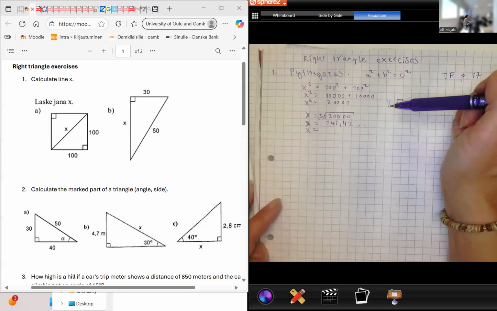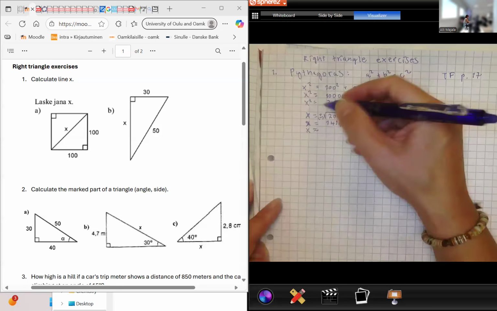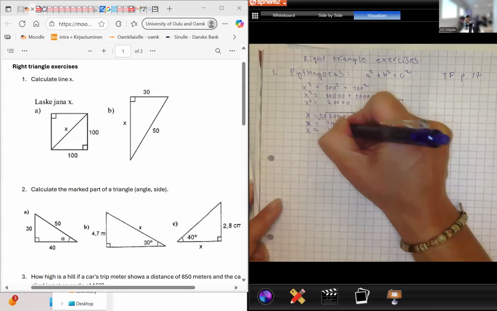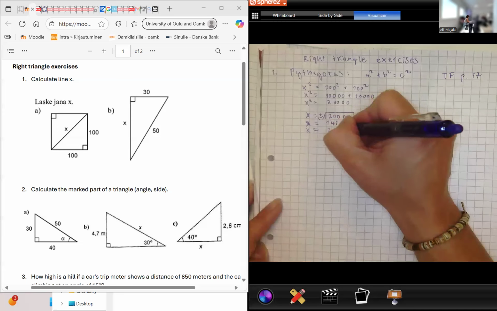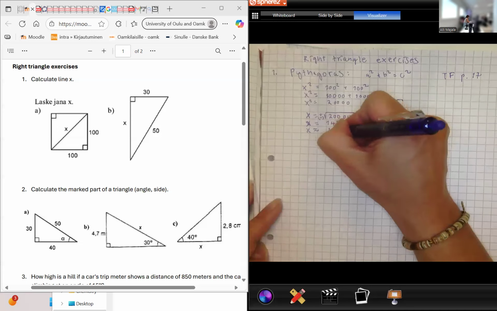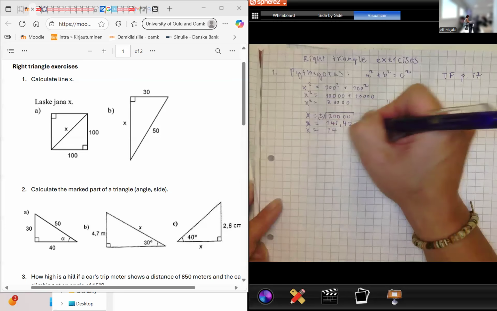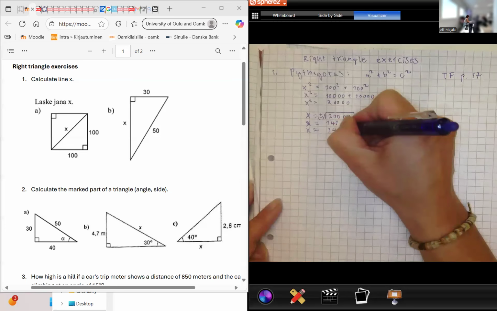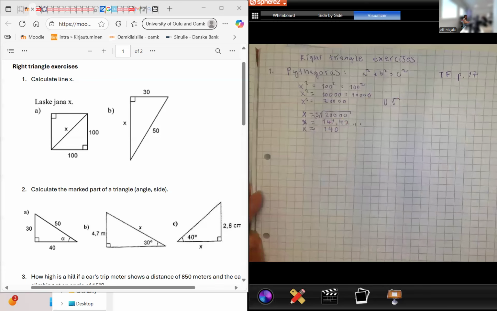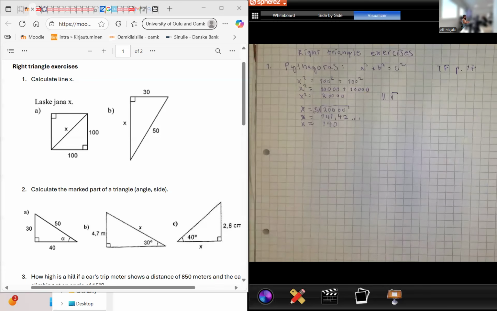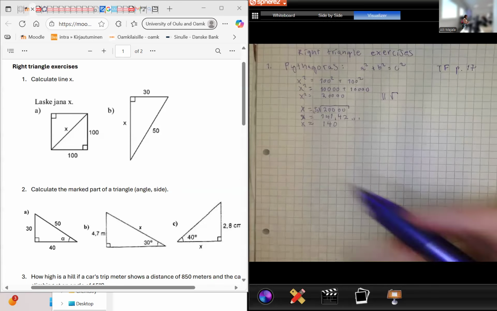Is this accurate or not? We don't really know. Maybe 141 or 140, but it doesn't matter now. It's just an example of how to calculate this.